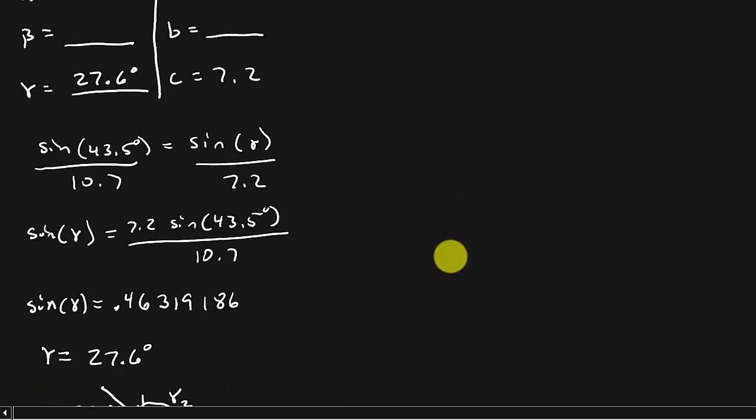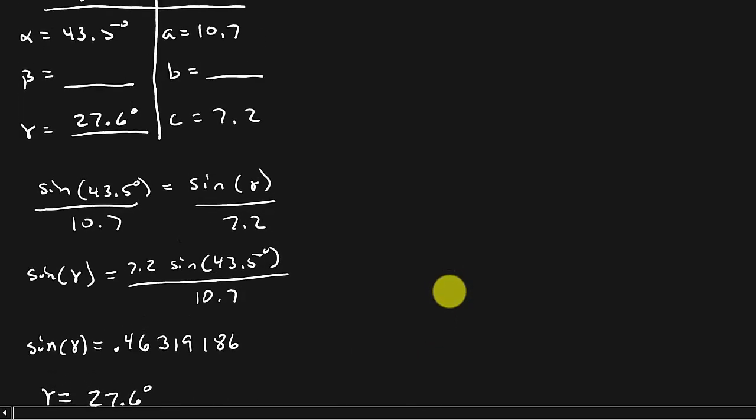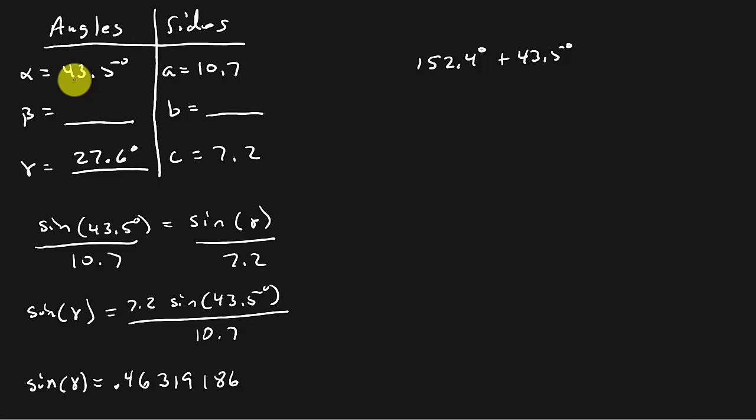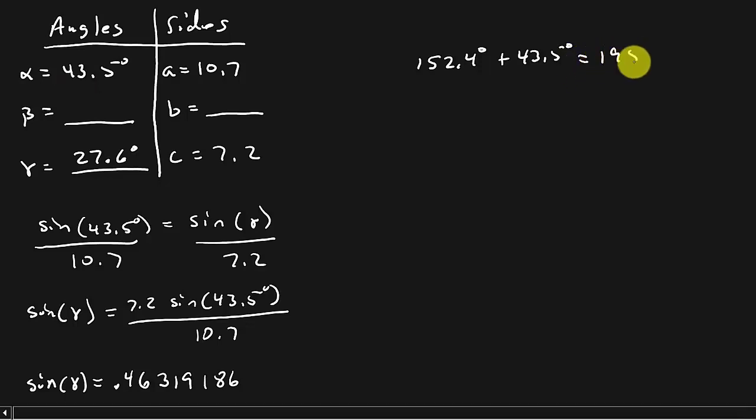So look at this, 152.4 degrees. If I take the 152.4 degrees and add the given angle to it, because that's given, that's an angle in the triangle, what does that equal? Well, that equals 195.9 degrees. You see that?